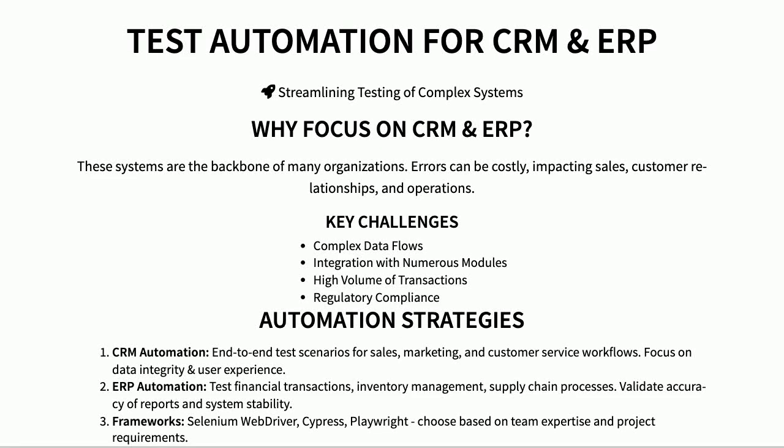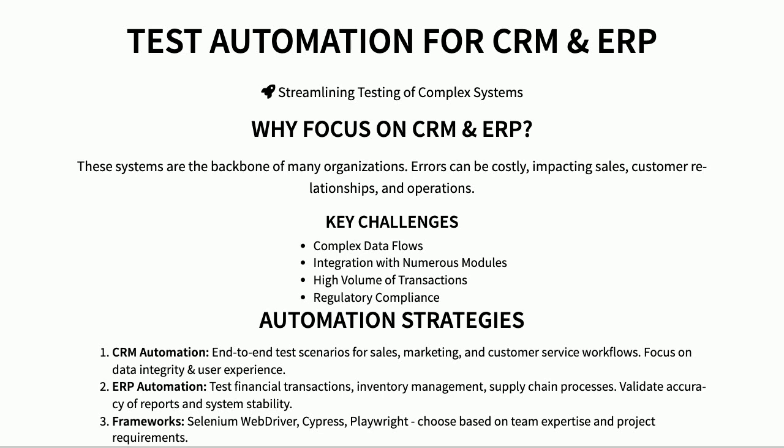Okay, let's talk about test automation specifically for CRM and ERP systems. These are huge, complex pieces of software that are vital for many businesses. The main challenge is that they're incredibly intricate, with tons of moving parts and data flowing back and forth. We need to ensure everything works seamlessly, which is where automation comes in.